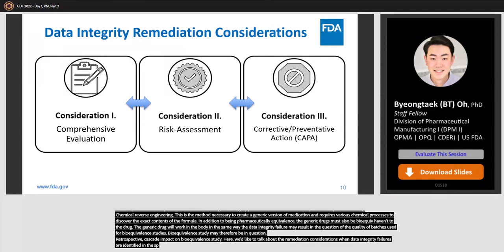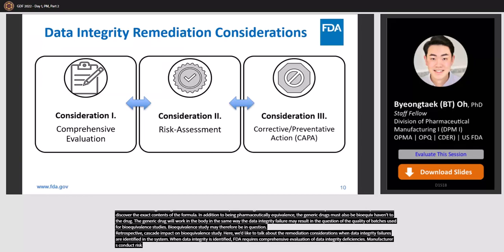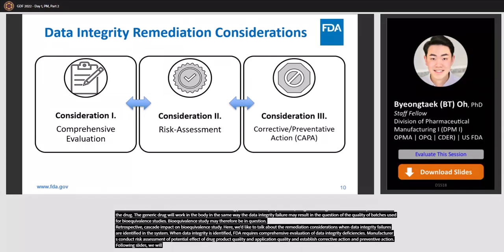When data integrity failure is identified, FDA requires comprehensive evaluation of data integrity deficiencies. Manufacturers conduct risk assessment of potential effect on drug product quality and application quality and establish corrective action and preventative action. In the following slides, we will discuss details of each consideration.